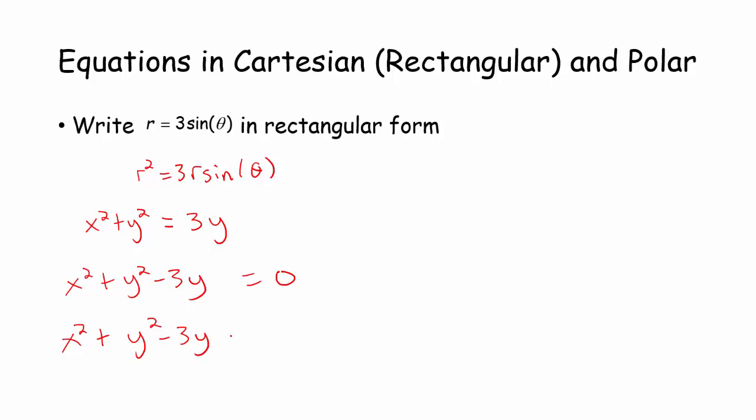So what do I need to add to both sides here? 9/4 maybe, something like that. And then factor this. So this will be y minus 3/2 squared equals 9/4.